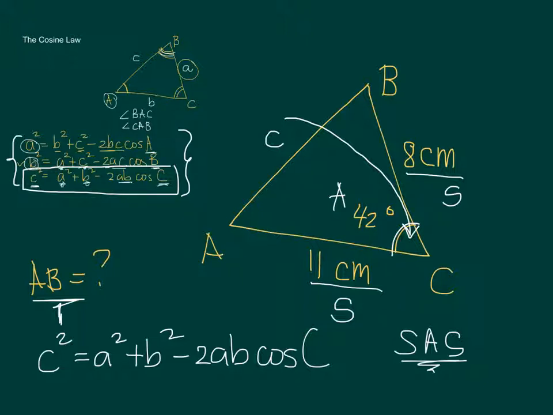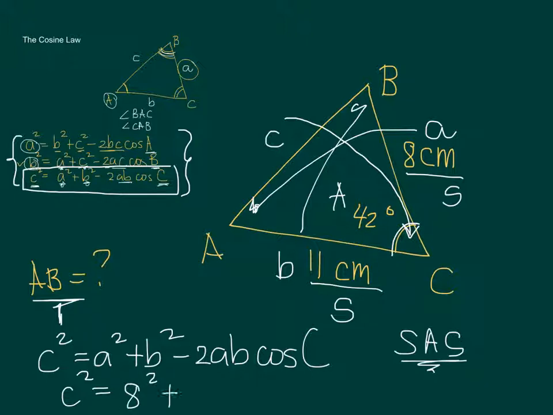So 8 cm will be our side A, 11 cm will be our side B by just relating them to the angles. Okay, so we have C square is equal to 8 square plus 11 square minus 2 times 8 times 11 cosine of 42 degrees.